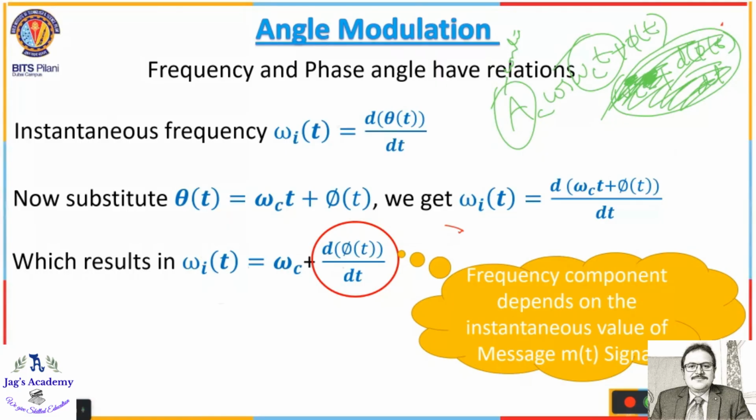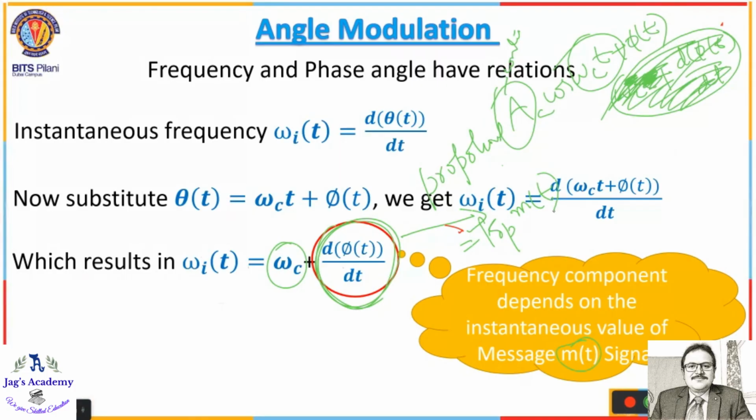Now here this is the constant carrier frequency. This is what depends on your message signal. So if I say this is proportional to the message signal m of t, I can just write this d phi of t by dt is equal to some proportionality constant, m of t, yes or no?